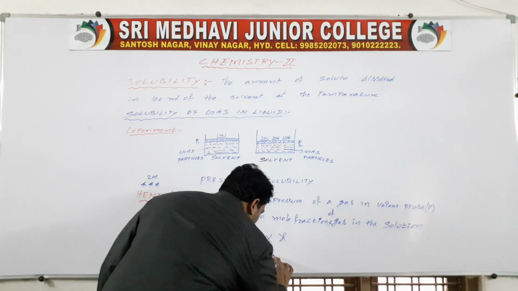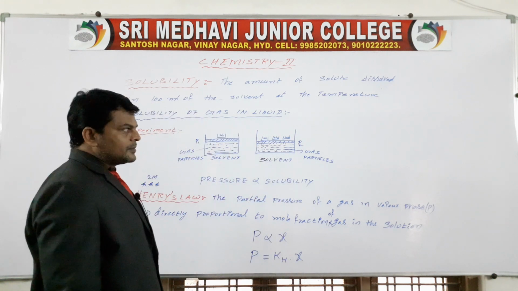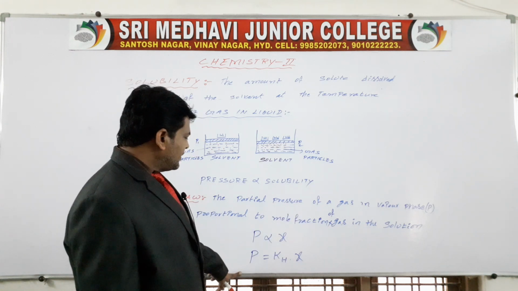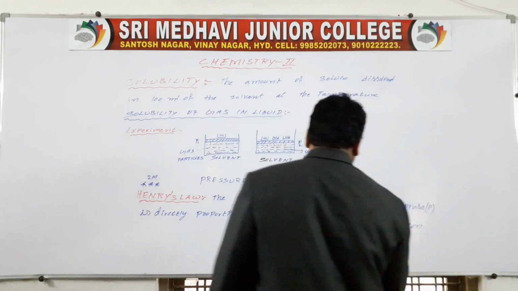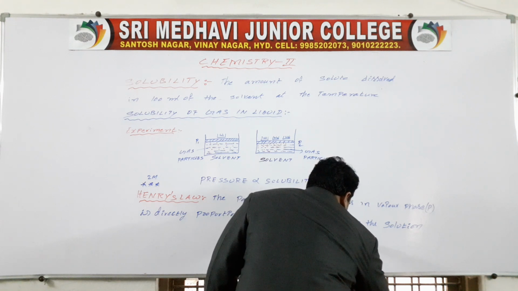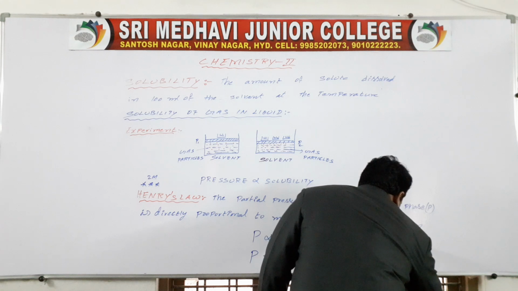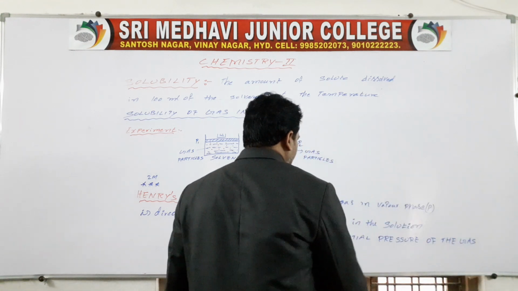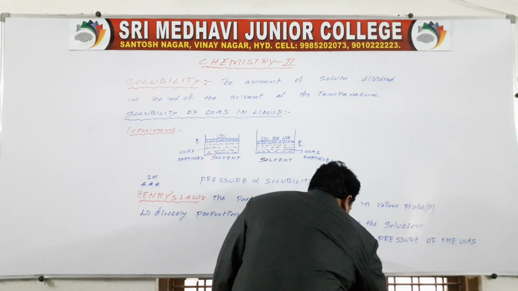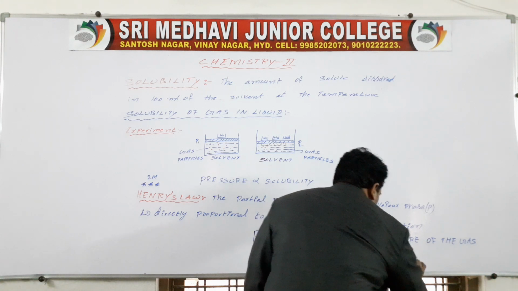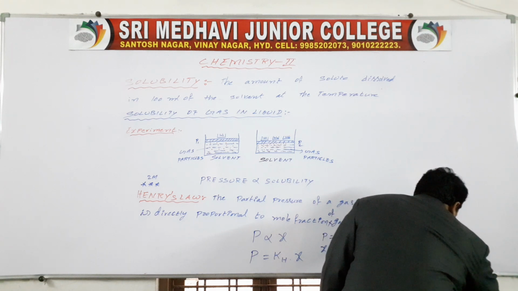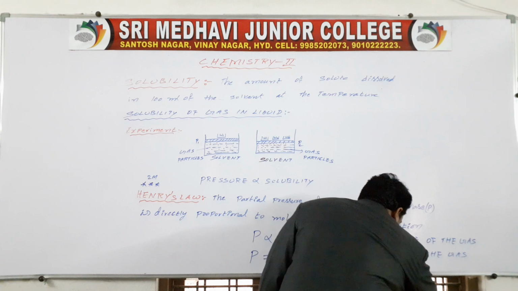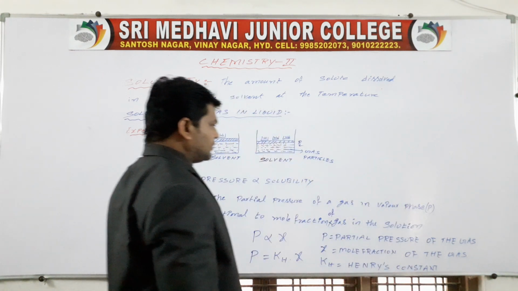To remove the proportionality, P equals KH into X, where P is the partial pressure of the gas, X is the mole fraction of the gas, and KH is Henry's constant.